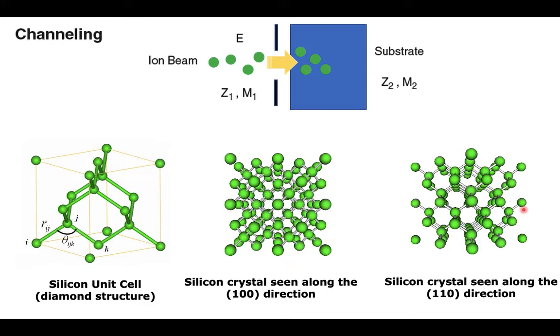So that is another important point to note down: which way the substrate, or the silicon wafer, is aligned, which is basically the crystallographic orientation of the surface. If you do not want channeling, you have to bombard the ions not perpendicular to that particular plane, but at some angle such that you avoid channeling.